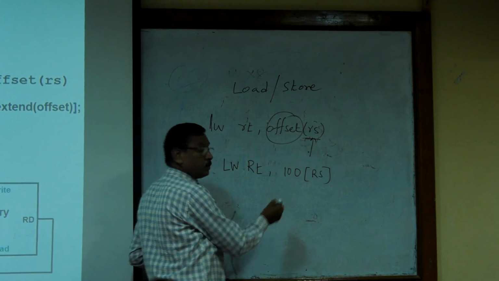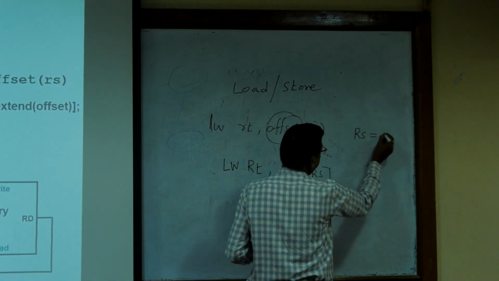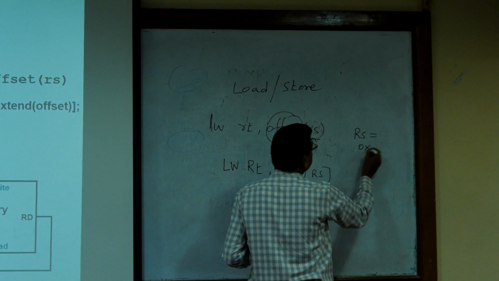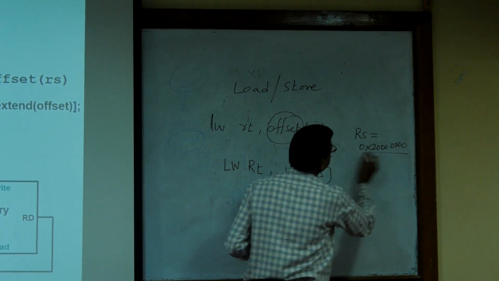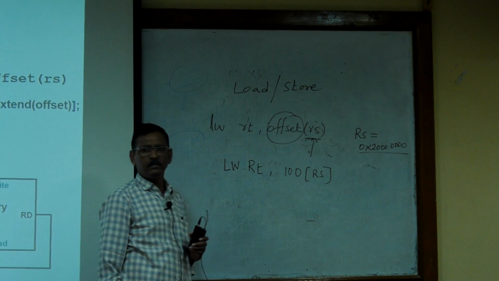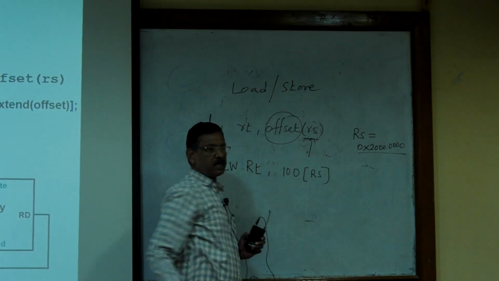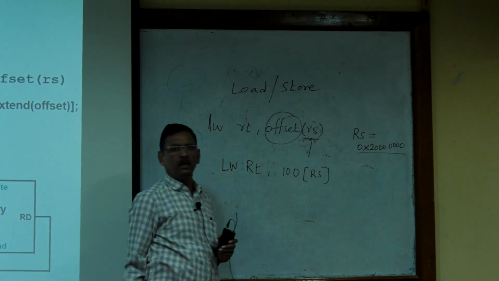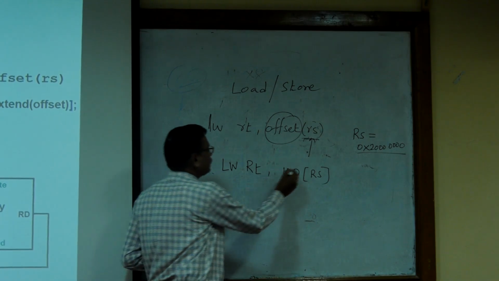RS will indicate some address, let us say 0x200. This is initially the address of the memory. RS contains this address, the address of the data memory, plus this offset.